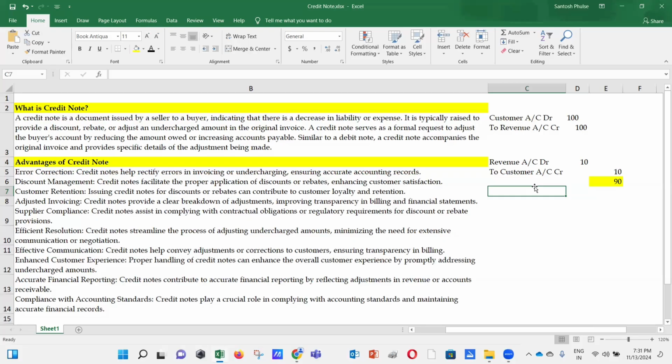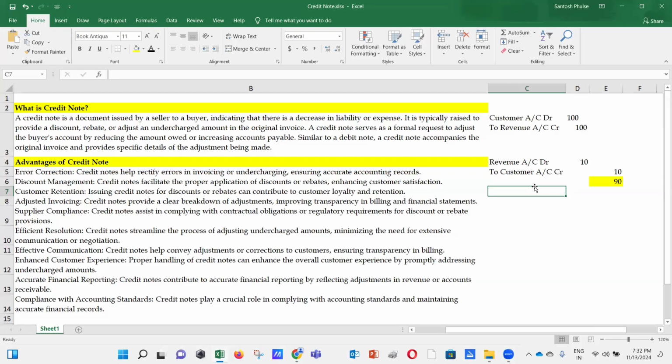So we have to raise the credit note on our customer. That again is going to be the respective discount. If we want to hit the P&L, then the discount account is going to be there towards the P&L, and the other side is the customer account. Whenever we give a credit note, it means we have to credit that customer, and whatever the reason for that credit note, we have to debit.